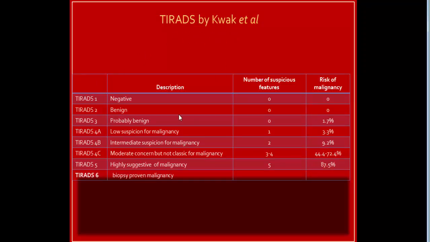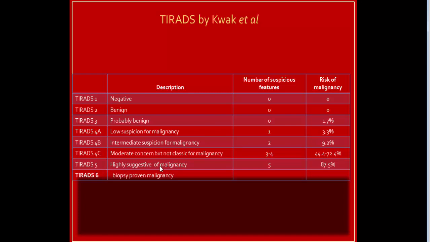TI-RADS by Kwak et al.: TI-RADS 1 negative, TI-RADS 2 benign, negative means normal thyroid, TI-RADS 3 probably benign, TI-RADS 4 divided into A, B, and C, whereas in Horvath TI-RADS 4 is divided into A and B. These A, B, and C are low suspicion of malignancy, intermediate suspicion, moderate concern but not classic for malignancy.